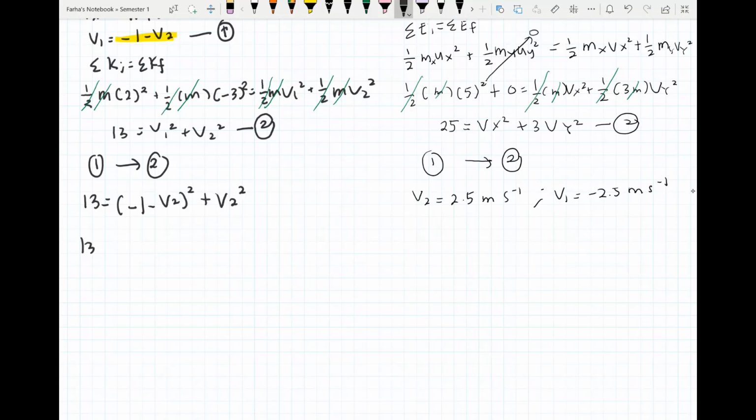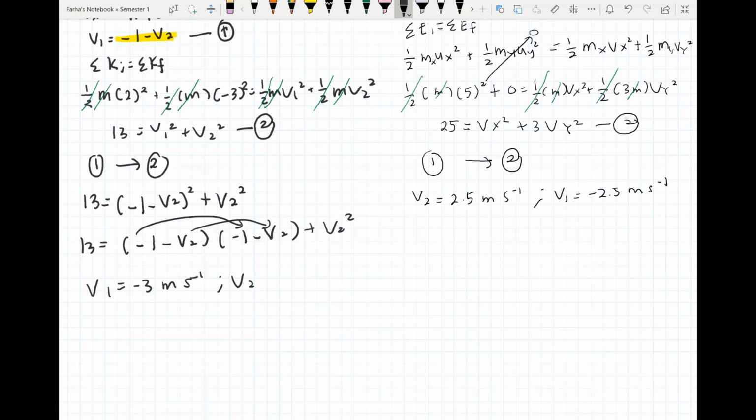Okay, 13 equals to negatif 1 minus V2. Okay, macam mana kita nak selesaikan ni? Awak kena gunakan, kalau awak guna calculator pun boleh lah. Okay, darab. So awak akan dapat jawapan lastly V1 equals to negative 3 meter per second and the V2 equals to second.